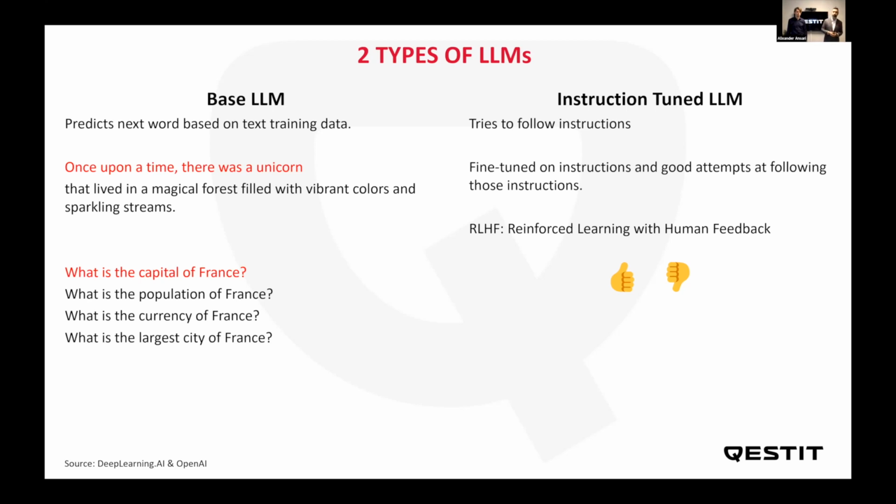This is something that you might come across when you read about AI nowadays, but it's basically teaching the model what is a good answer and what is a bad answer. So in the case of what is the capital of France, this type of model would probably reply with, the capital of France is Paris.